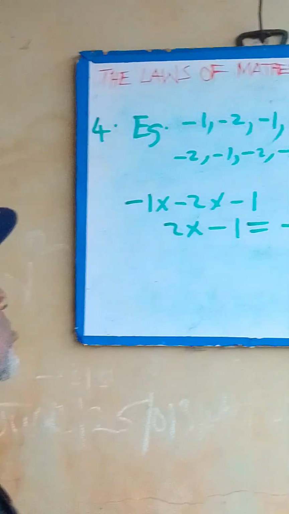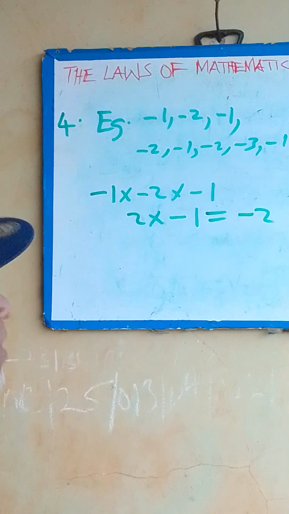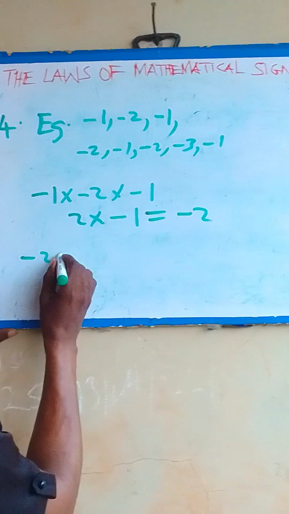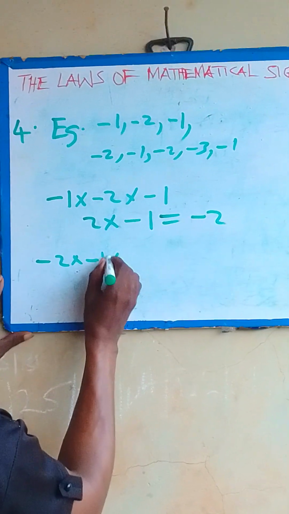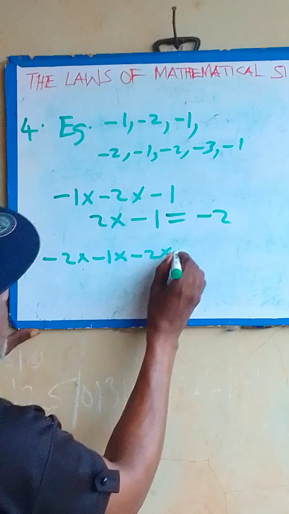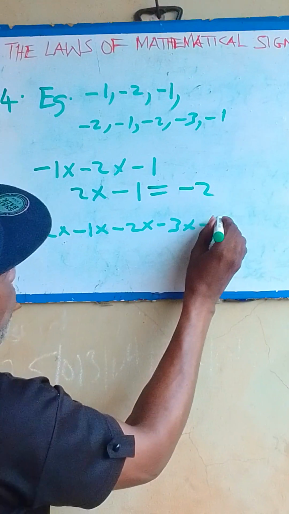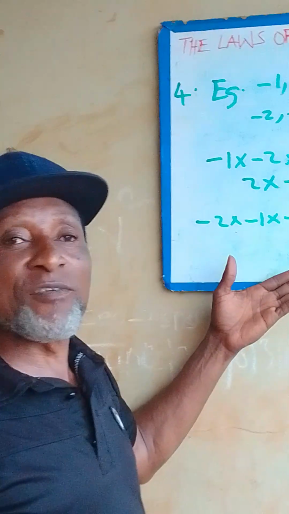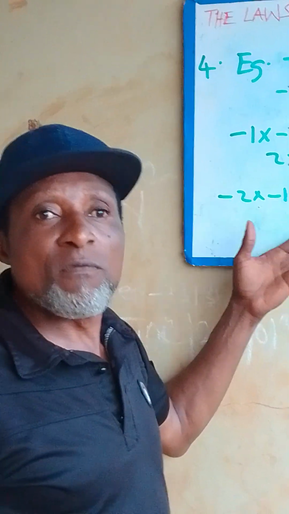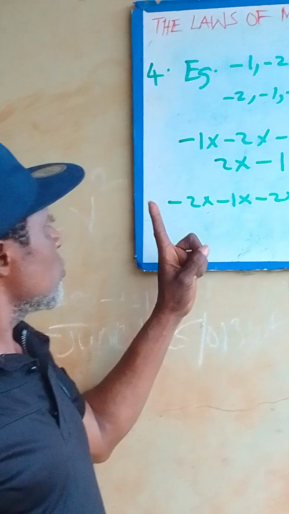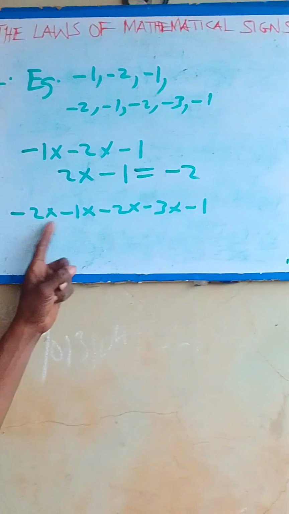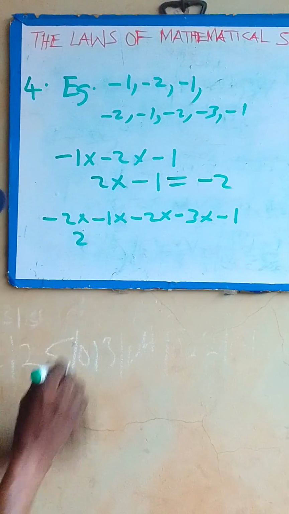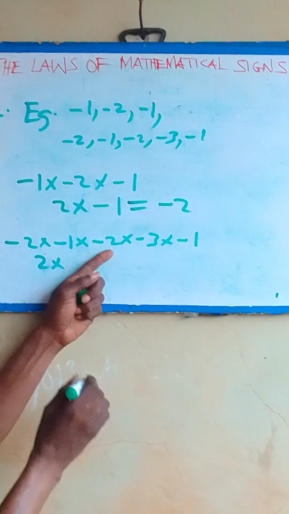Now let us look at the second sequence here. Minus 2 times minus 1 times minus 2 times minus 3 times minus 1. This is another sequence arranged in an odd order. So minus 2 times minus 1 is plus 2, times this minus 2 you are seeing here.